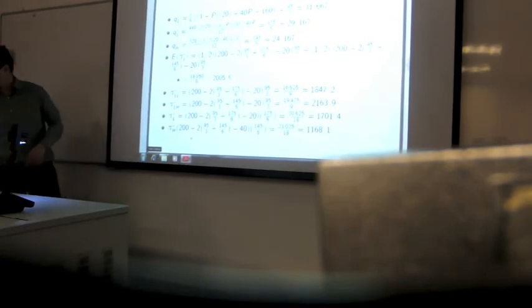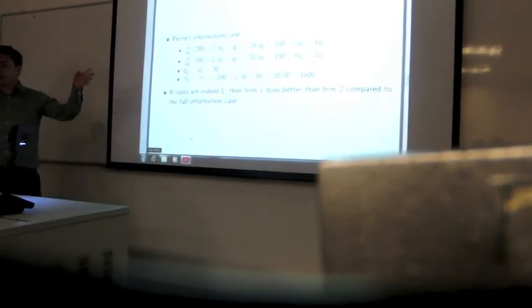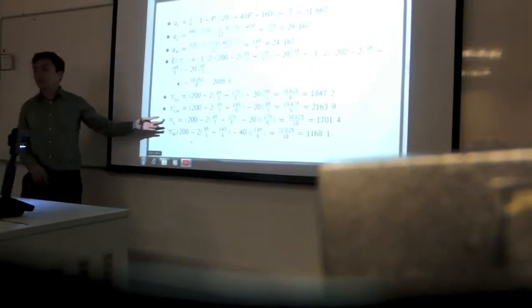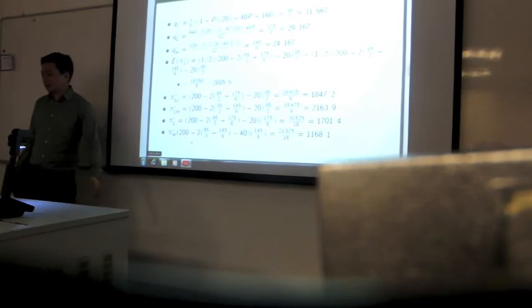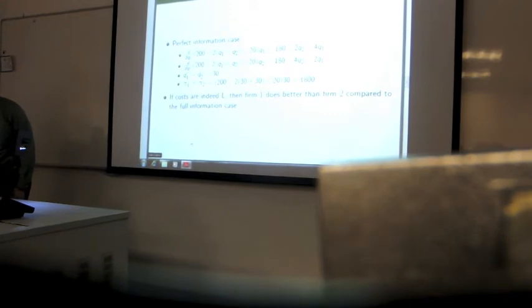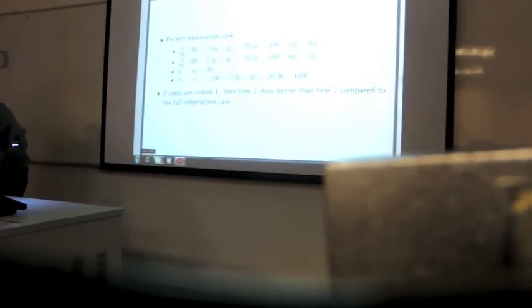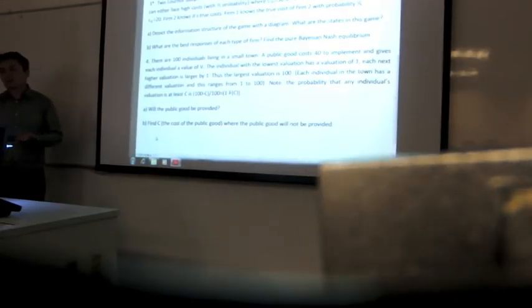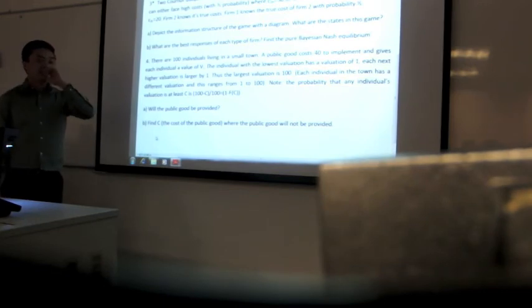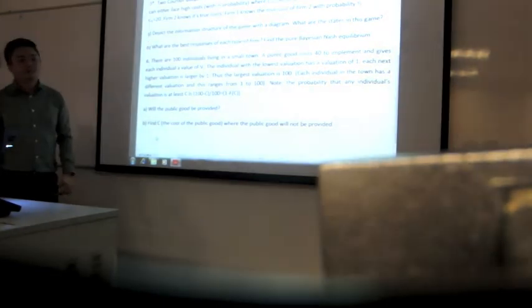What you need to do is to calculate the perfect information case with high costs and compare, to see would you prefer to let firm 1 know. So you can find that out on your own. More complex. It's complex because there's uncertainty on firm 2's side as well.